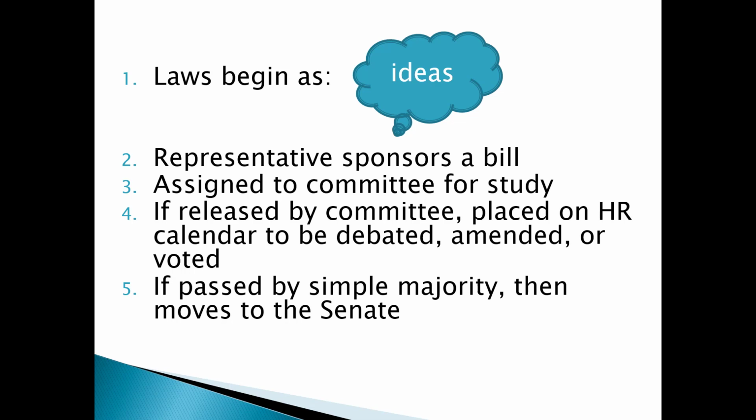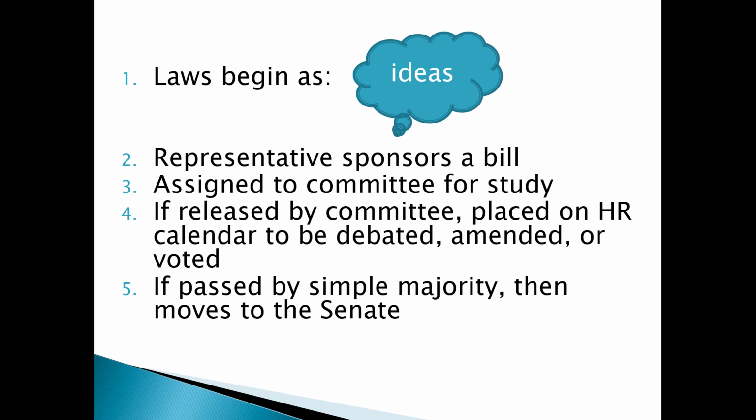So once this idea is formed, it is written as a bill, and a representative will choose to sponsor a bill. And sometimes multiple representatives will sponsor the bill. Now that bill then is assigned to a committee for study. And when it goes to the committee, the first thing that happens is it's reviewed by the committee chair.